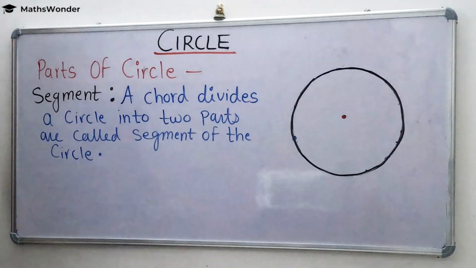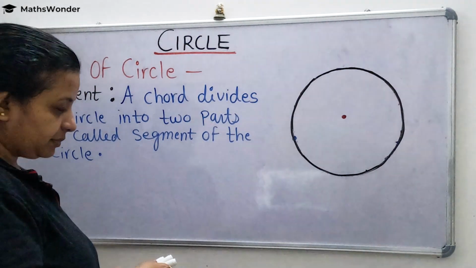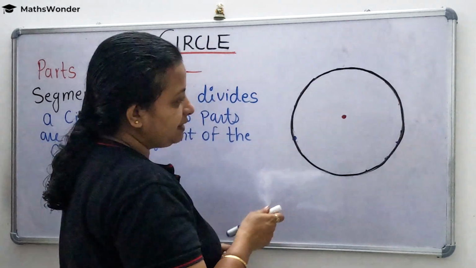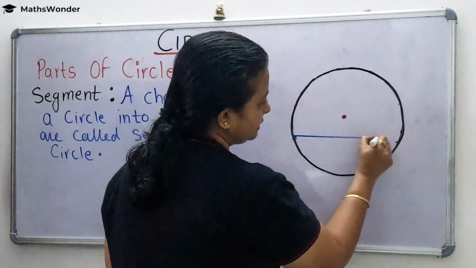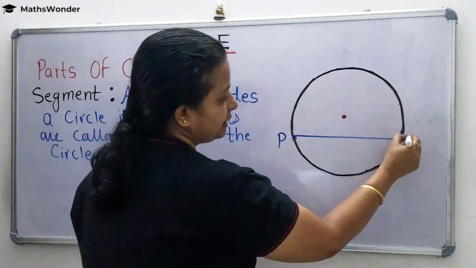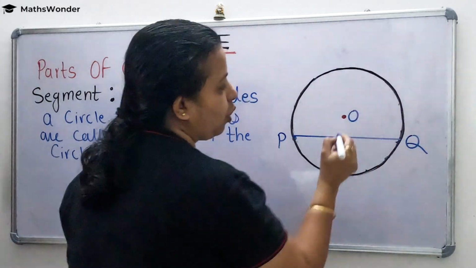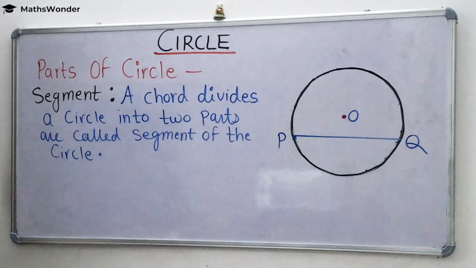Now try to understand with the diagram. When we divide a circle into two parts with a chord, as you know, PQ is the chord.